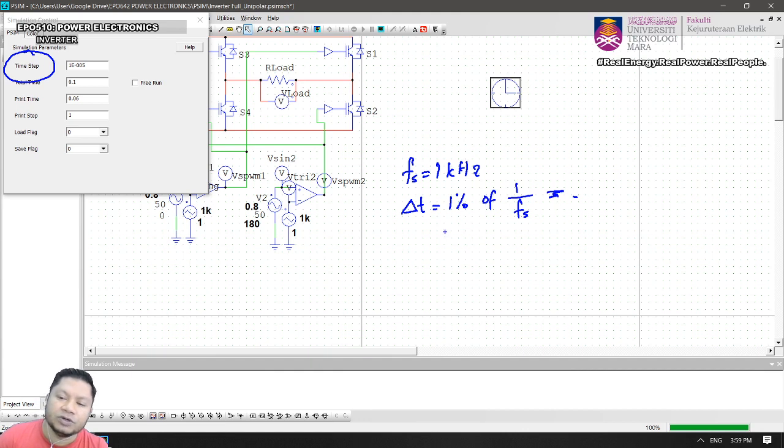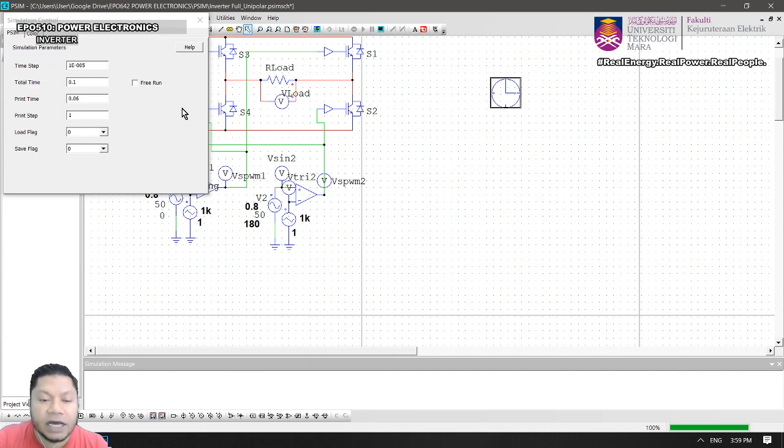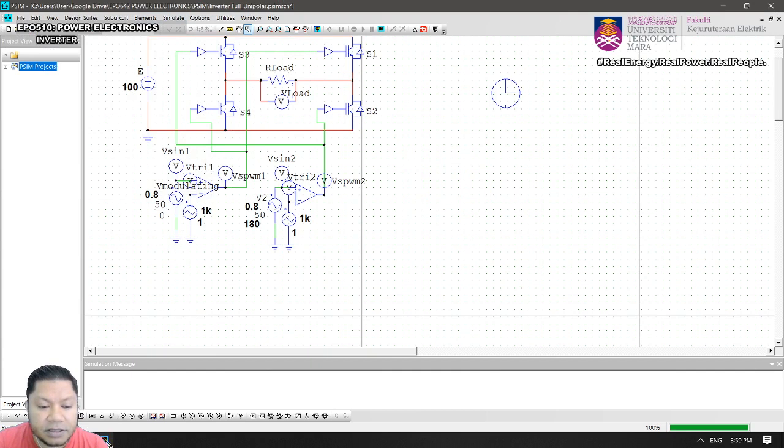The smaller the better, the smoother the waveform. However, you have a lot of points, so you have to compromise between the two. Here put it as 0.1 microsecond. I think it's small enough, and therefore you can run the circuit.